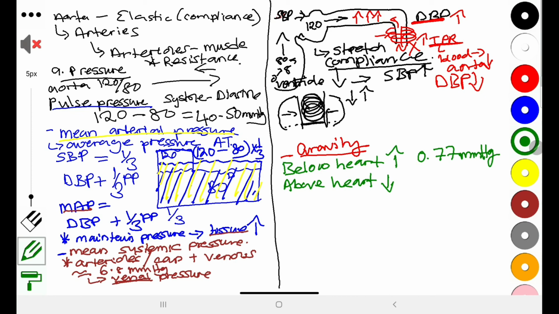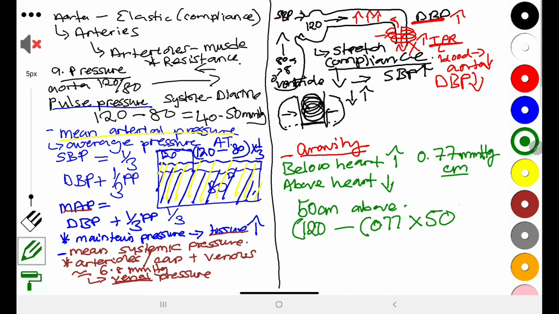So if you're going to talk about an artery that you're measuring about 50 centimeters above the heart, let's say the heart pressure at that point is 120, you will say 120 minus 0.77 times 50, because for each centimeter you want to reduce it by that much. So that's going to be your final pressure at that point.